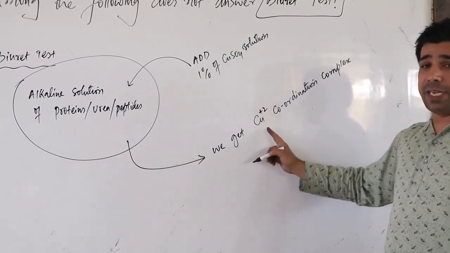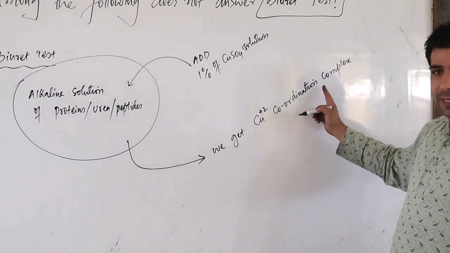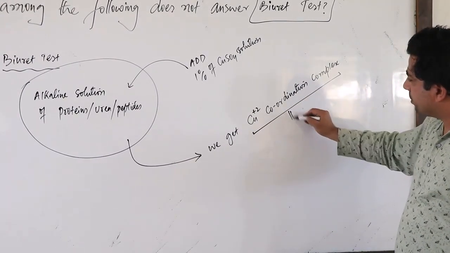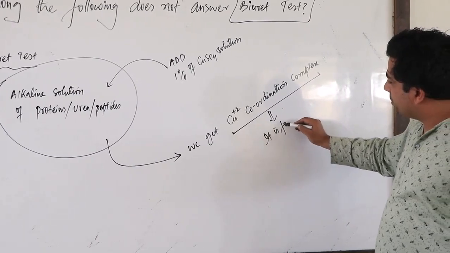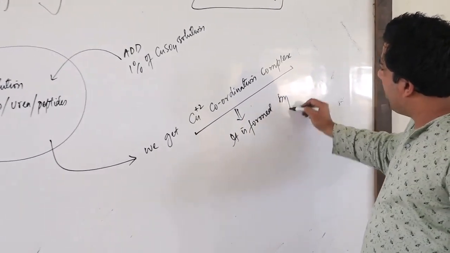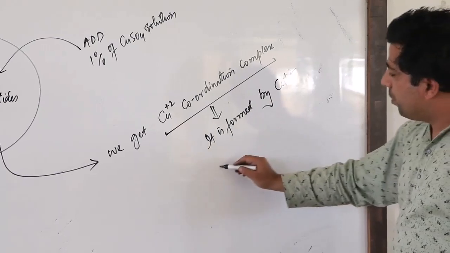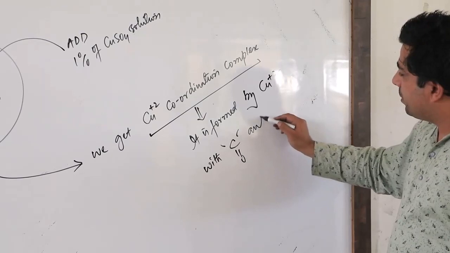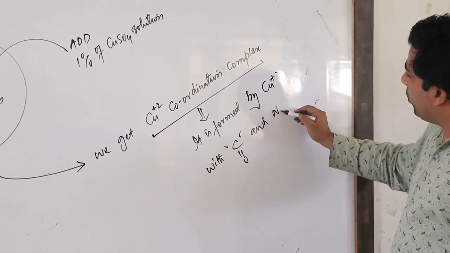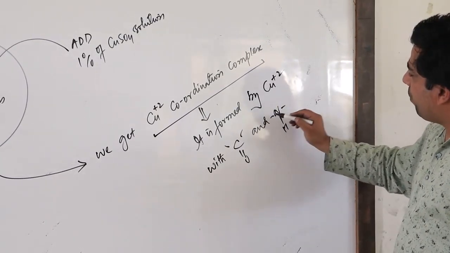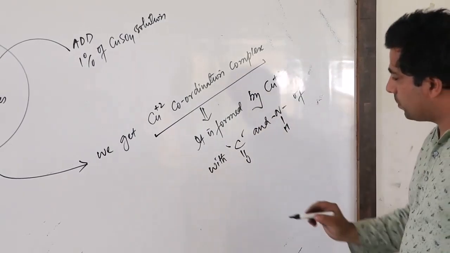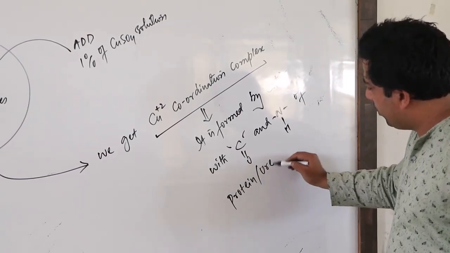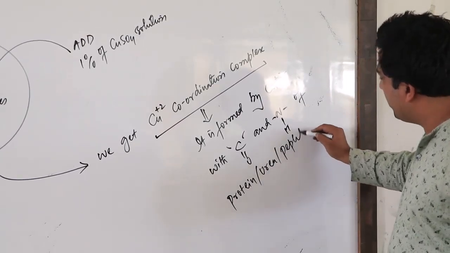And remember, this copper plus 2 coordination complex is formed by copper plus 2 with CO and NH group of a protein, urea or peptide.